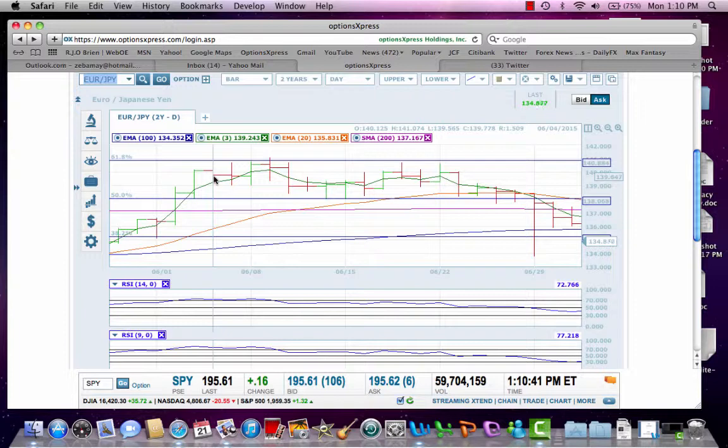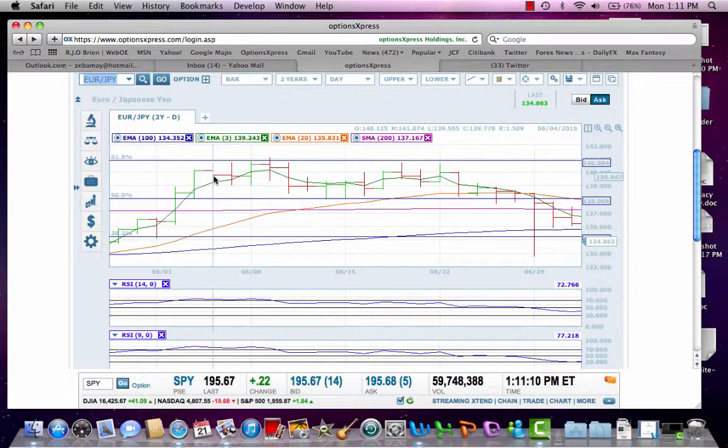As you can see, the high here on that day's bar was 141.07. So it stays within our tolerance of where we consider ourselves wrong. And we end up closing on the day at 139.78 for argument's sake.